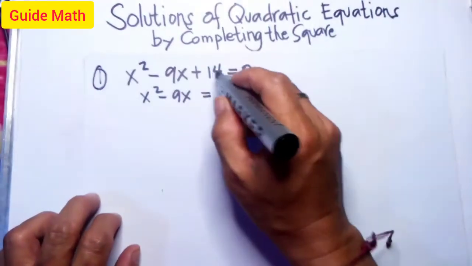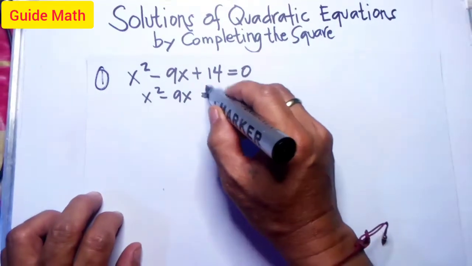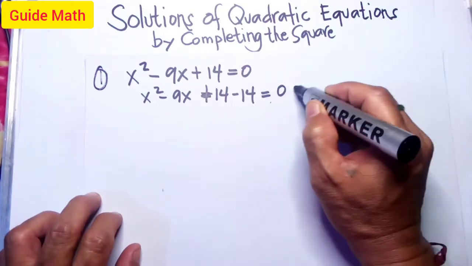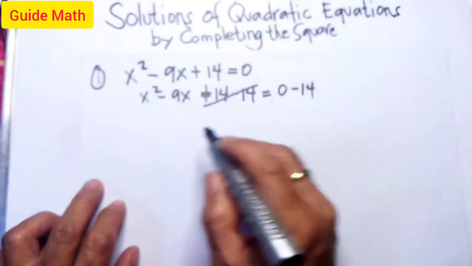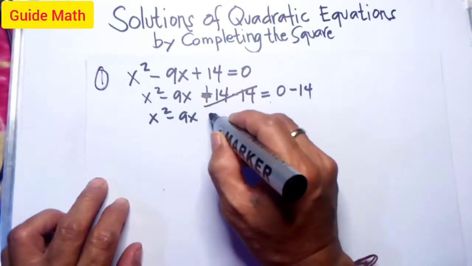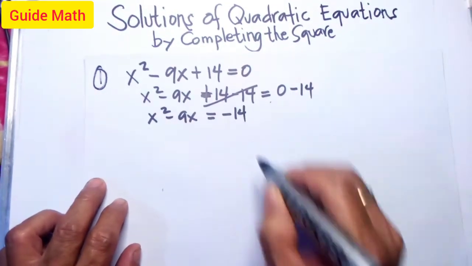It becomes 14 minus 14 is equal to 0 minus 14, so that this will become 0. We have x squared minus 9x, and what remains is 0 minus 14, which is negative 14.